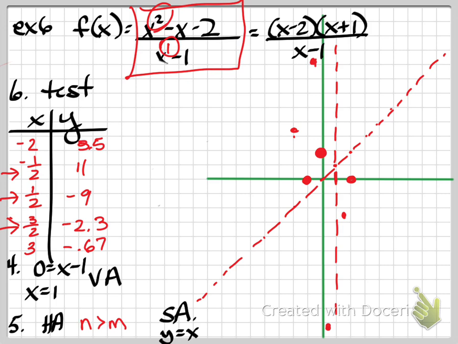Oh, none of my values are right because I didn't change my function in my calculator. I'll pause the video and get it fixed.